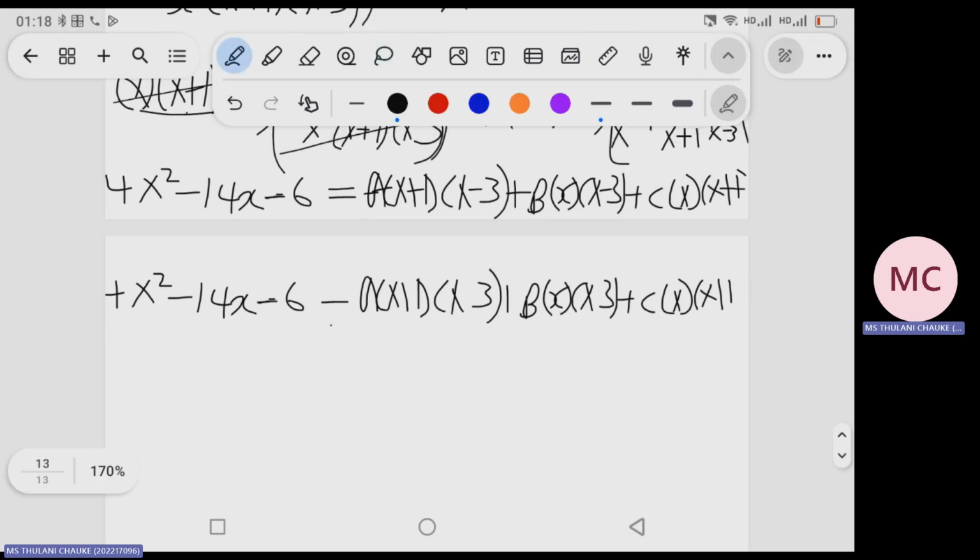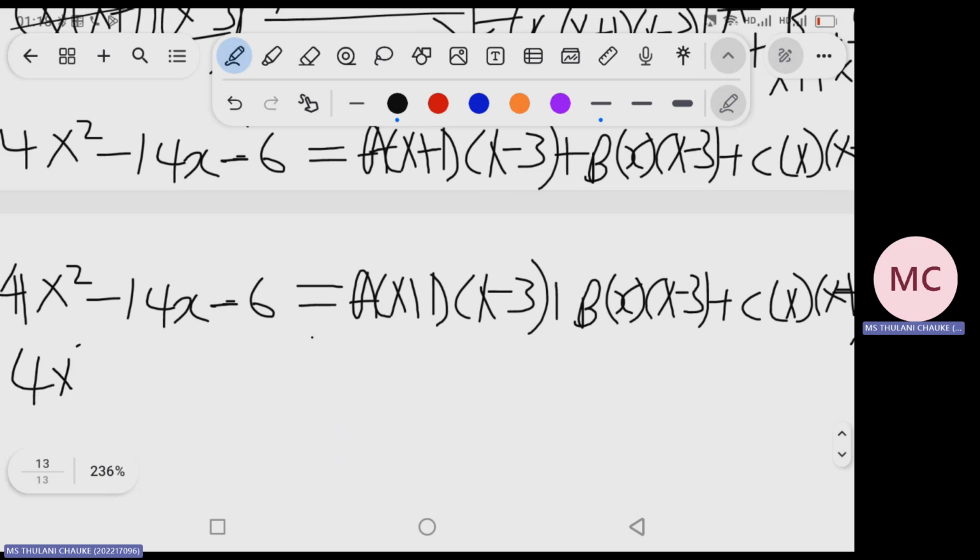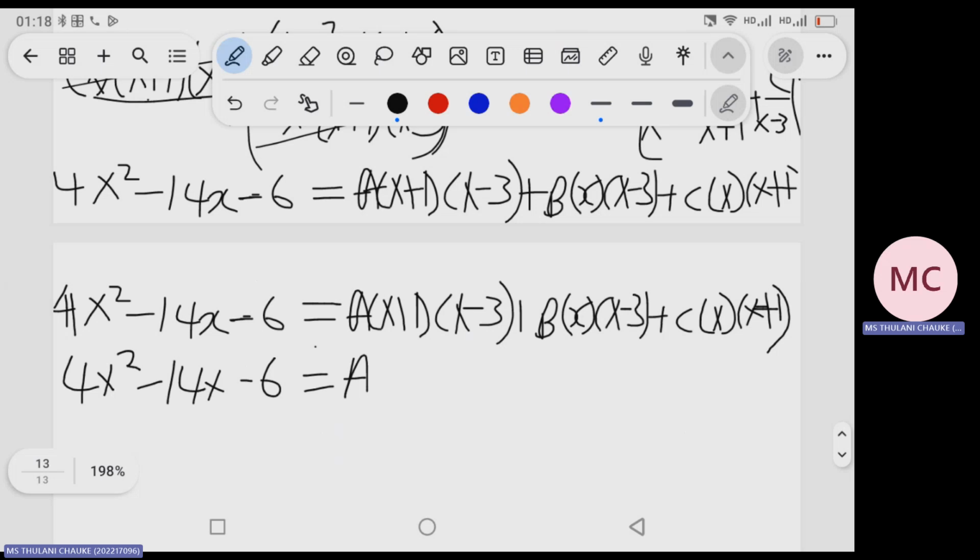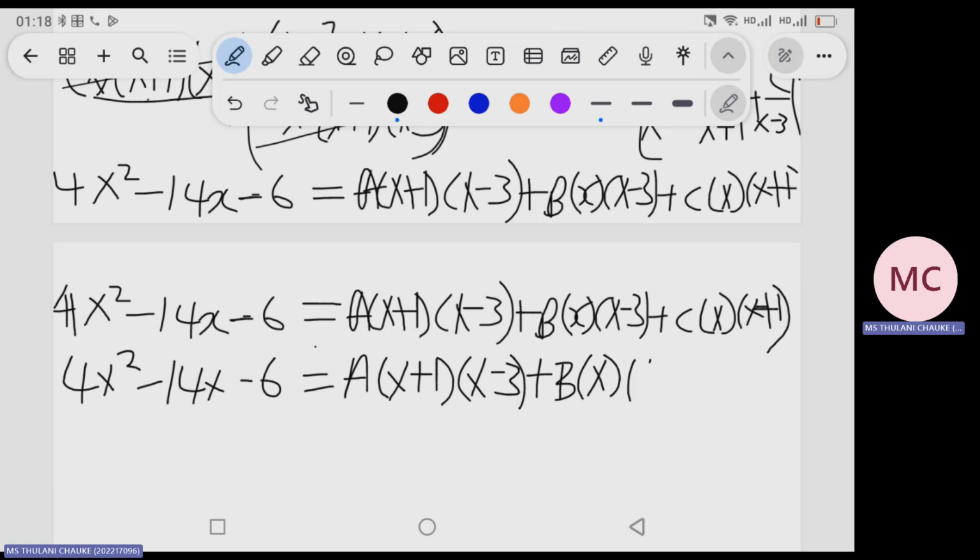Okay, we are having 4x squared minus 14x plus 6 equals a into x plus 1, x minus 3 plus b, x minus 3 plus cx, x plus 1.